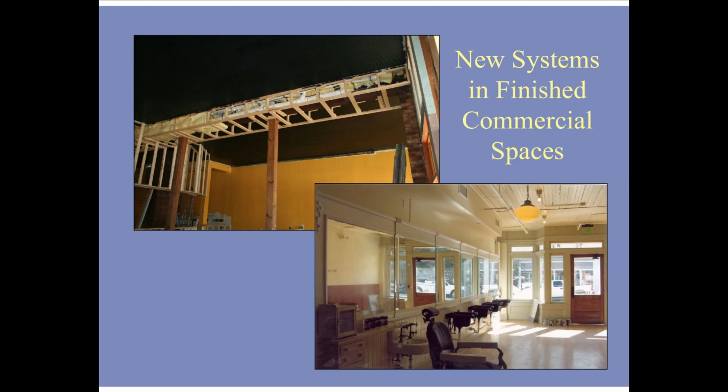Where it is important for an existing or historic ceiling to remain exposed, such as tin or beadboard shown here, it is preferable to group ductwork, conduits, and pipes within one chase or soffit.